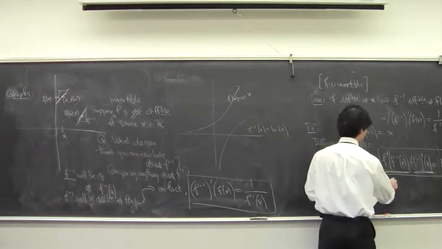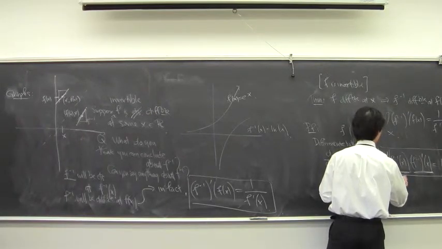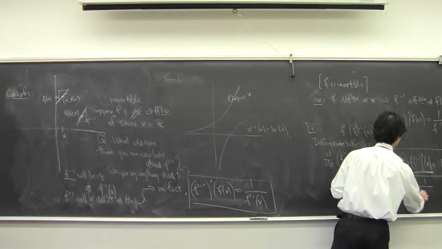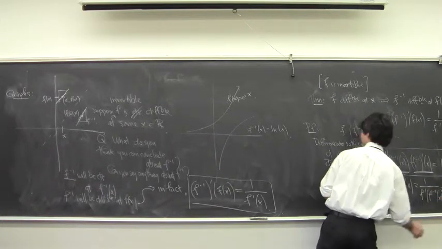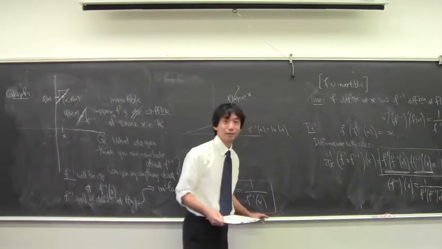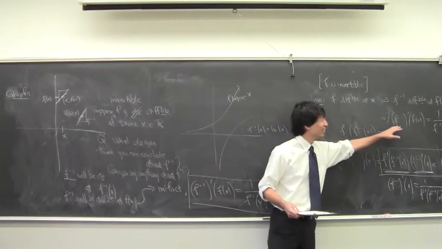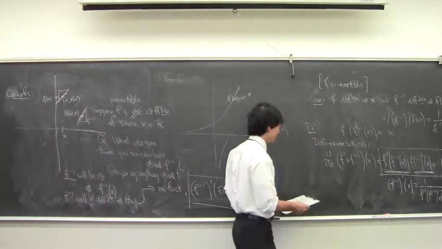And so you get that f inverse prime at x is 1 over f prime of f inverse x. But wait, that's not what I said. That's not what I said.